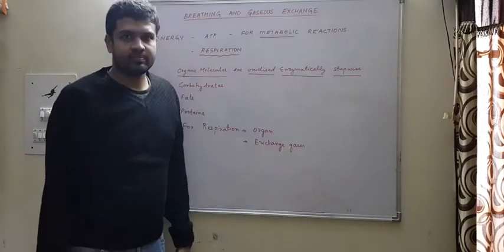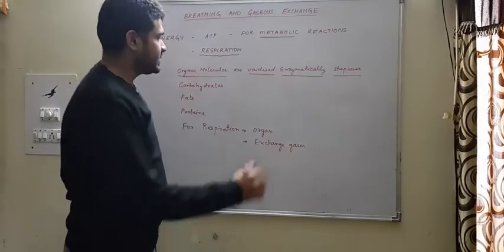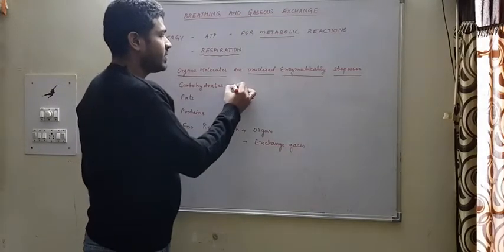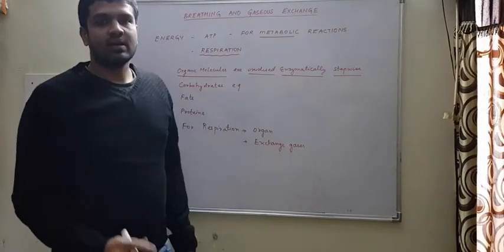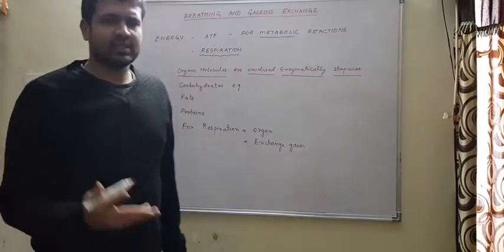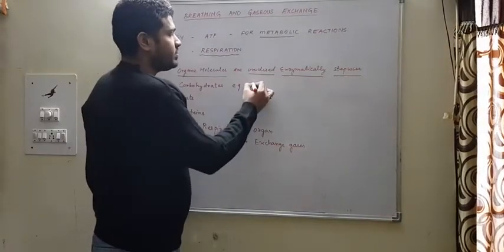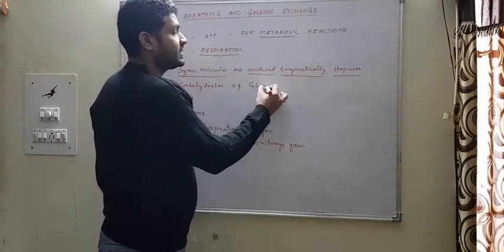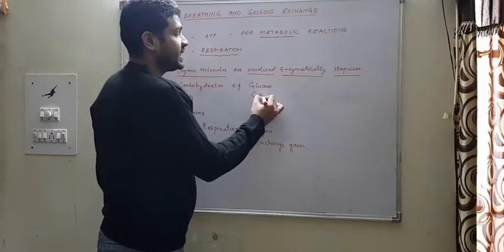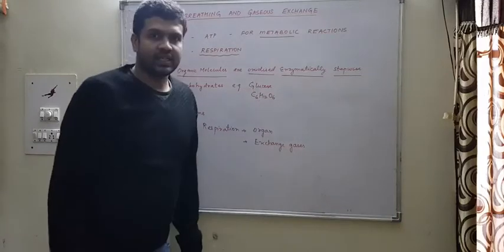Let us take the example of a simple carbohydrate, the most favorite one for the body, that is glucose, C6H12O6.